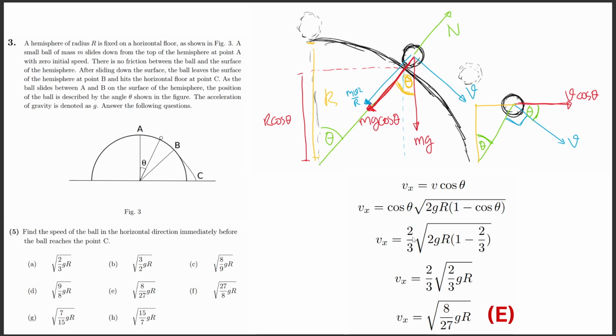So we write 2 over 3 and 2 over 3. 1 minus 2 over 3 is 1 over 3. So we express 2 as square root of 4. Square root of 4 times square root of 2 is 8, and square root of 9 times 3 is 27. So we know that the answer is E.